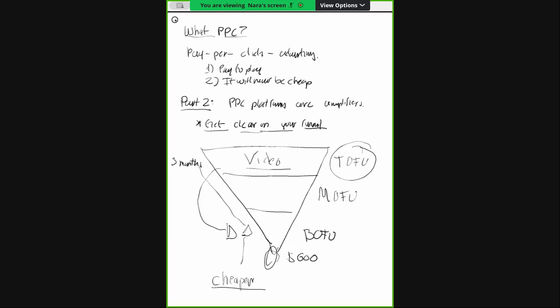Some of these platforms are a little more intuitive to use, and others, like our friend Google Ads, oh my God, there is so much information in one single screen. It's like, what the hell am I looking at? If you don't know what to look for, you won't be able to find your way.